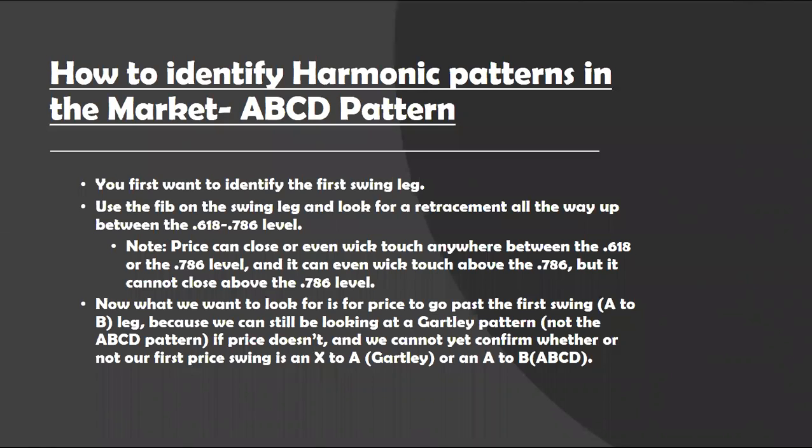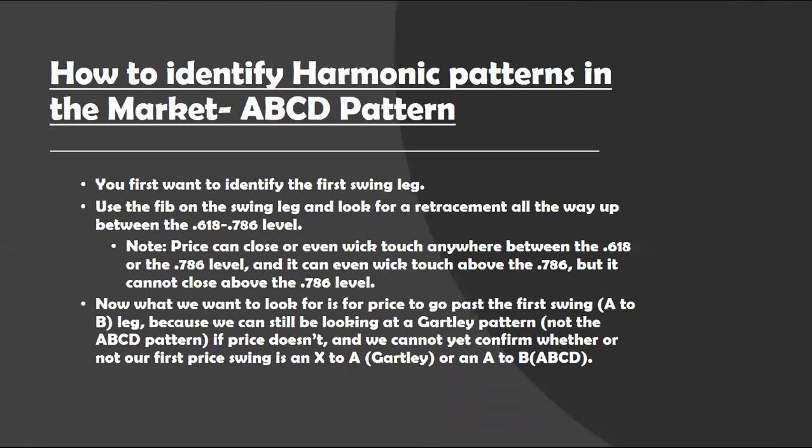You also want to keep in mind that price can close or even wick touch anywhere between the 0.618 or the 0.786 level, and it can even wick touch above the 0.786 level, but a candle cannot close above that 0.786 level or below, depending on whether we're looking at a bullish or bearish ABCD pattern.